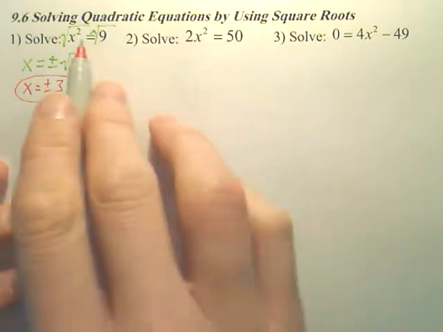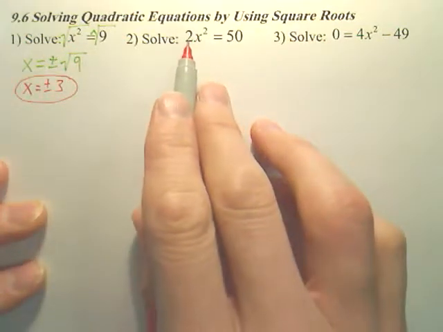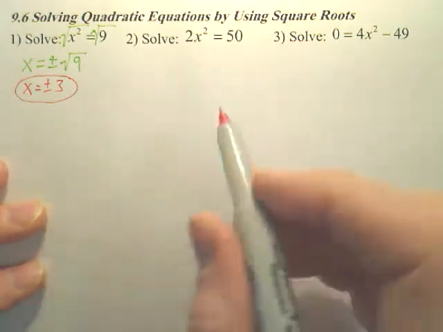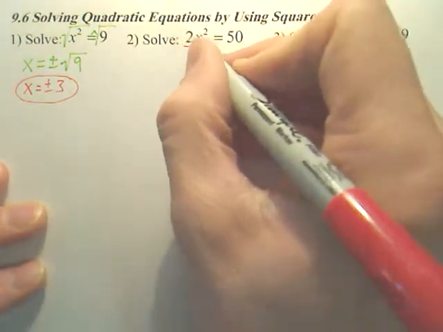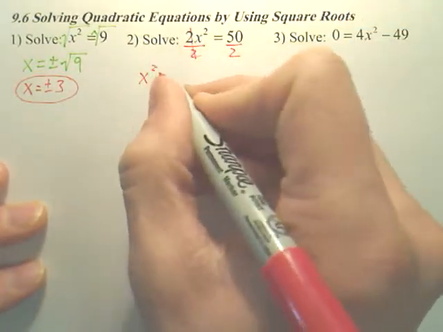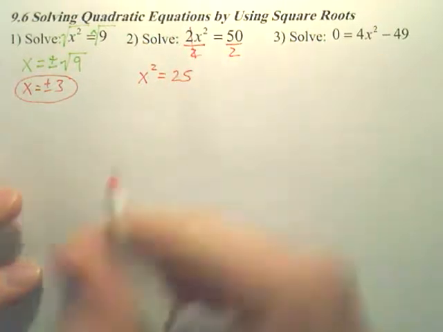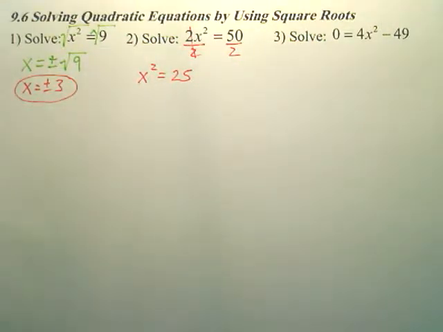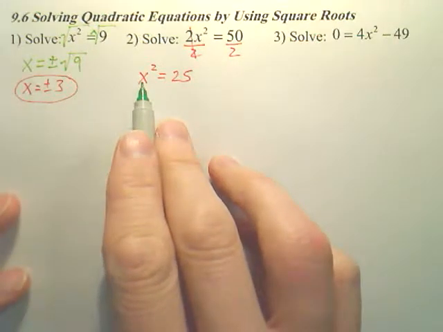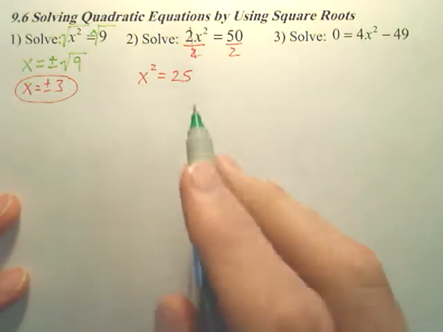Now, on this one, if we want to use the same process, I first want to get that 2 over, because you can't square root until you get that 2 over, or else it won't come out nice and neat. So the first step is divide the 2 over. So I have x squared equals 25. Okay, now, some of you could look at this and tell me it's negative 5 and 5, because you know when you square those you get 25.